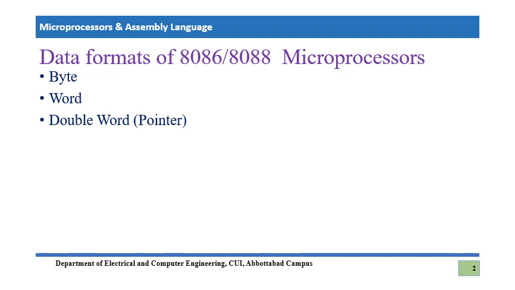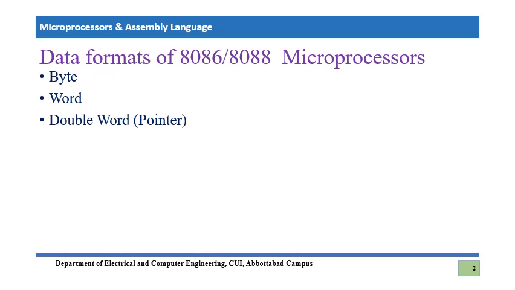So these were three different data formats which were available for 8086 or 8088 microprocessor, and in these different formats microprocessors can save and retrieve information from memory attached to these microprocessors.